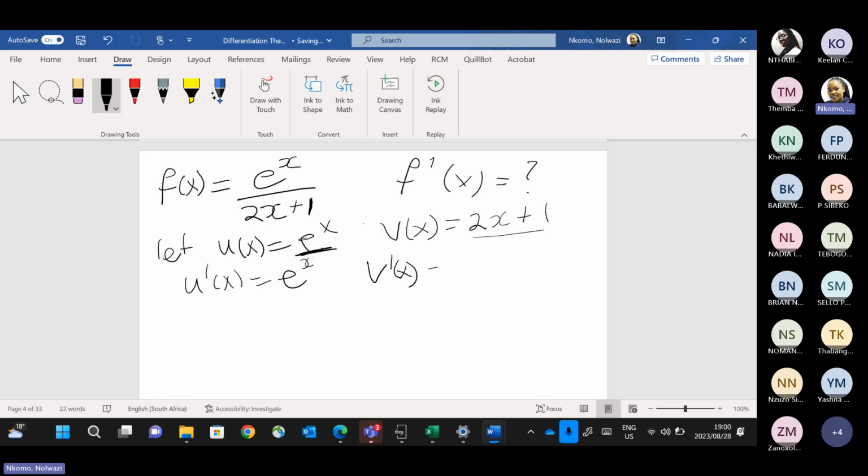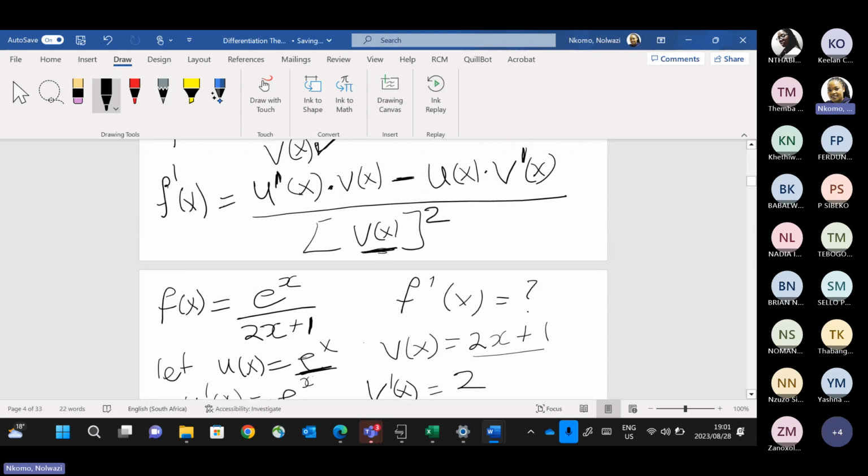If we apply the power rule, we'll have our v prime as 2. Right? Now we have our u prime and v prime. The next step is to substitute them back here, and that will give us our f prime, which is the derivative of that given function, right?